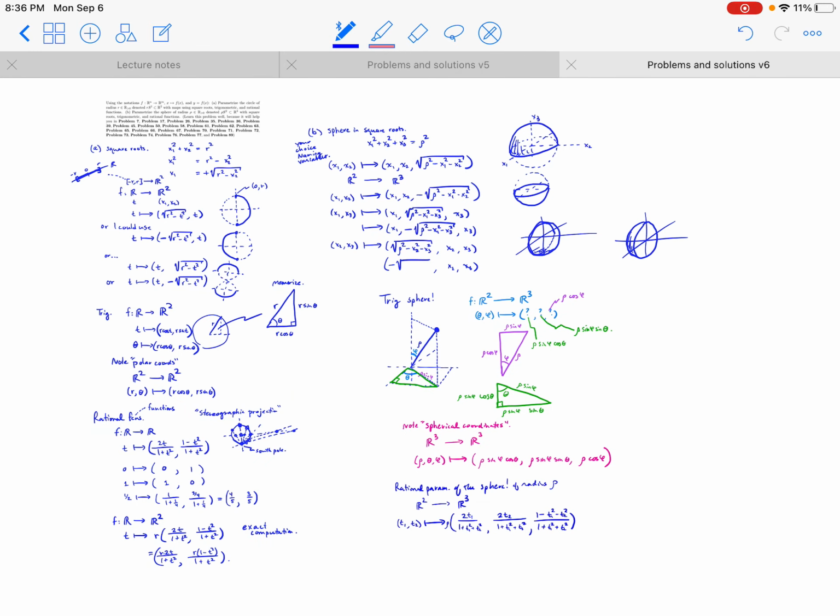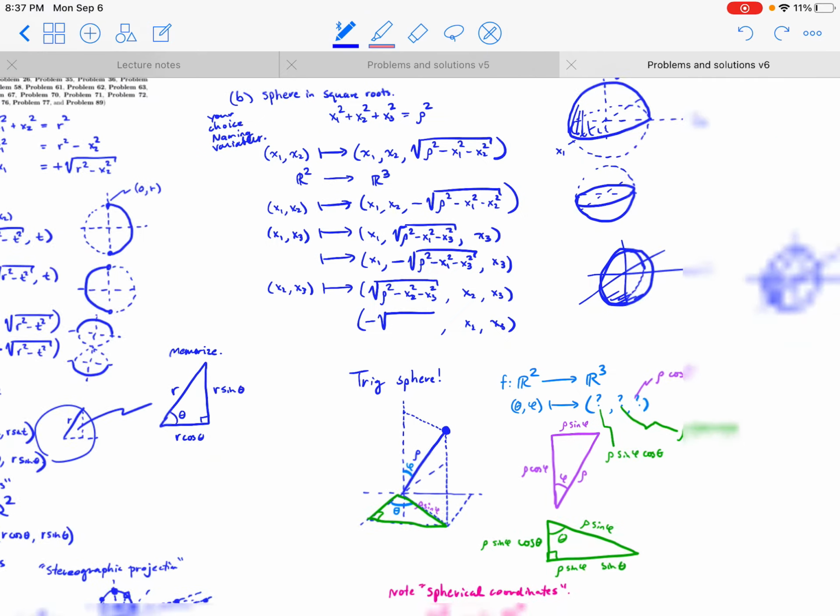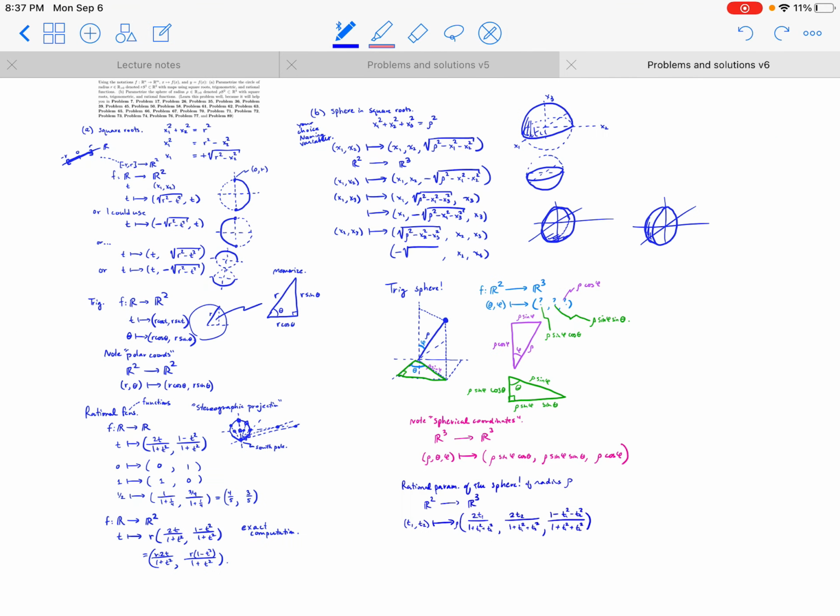We now have seen, basically this problem is to learn about maps. Like, what do they look like? What are some useful maps? Some involve square roots and give you half and have difficulty when there are negative numbers. So actually it's not a map defined on all of R2, but only on some special pieces of R2. Then there's trig, and trig is great. It's probably the simplest.